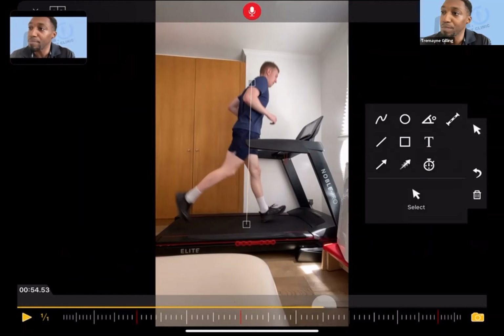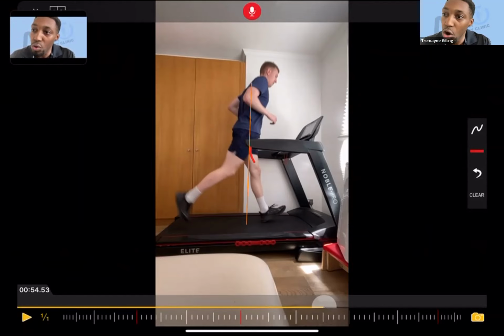He's really overextending his knee, and for me that tells me that he's going to get a lot of calf issues, he's going to get a lot of knee issues, and potentially front of the shin from slapping down here as well. And talking to Rory after we had seen that, he confirmed those were a few of the issues that he was having.